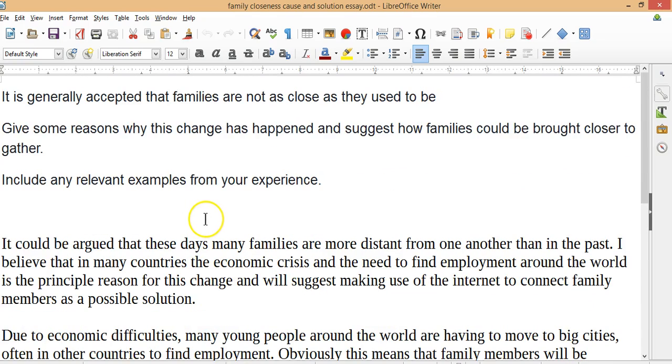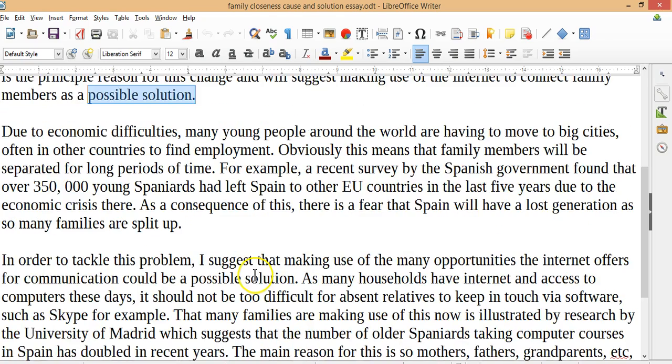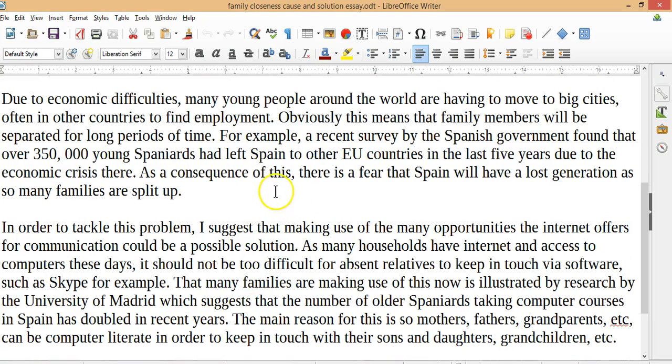So you can see I'm spelling things out. I believe the reason for this change is, and a solution is, a reason and a solution, a consequence and a solution.